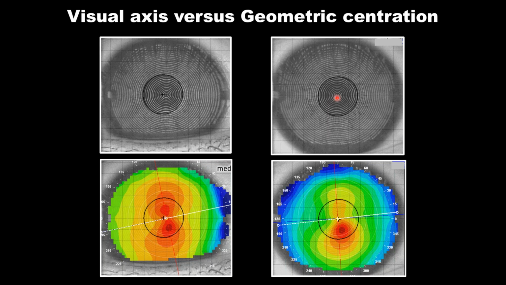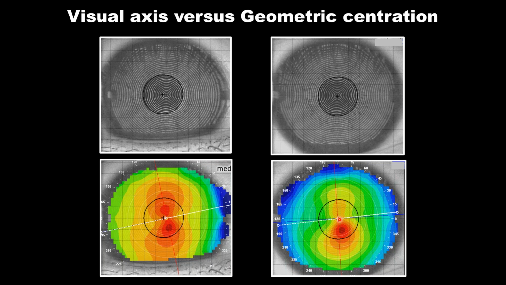Now, if we better center this capture, if we geometrically capture, then we have the rings appearing laterally well centered to this eye. And then when you look at that same topography, you'll notice the blue appears about equidistant from the center of the capture.